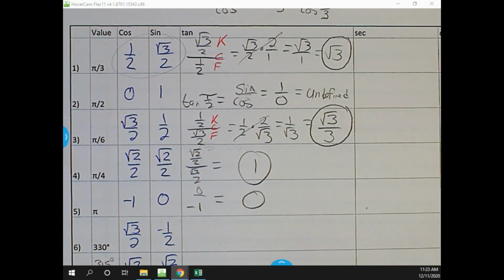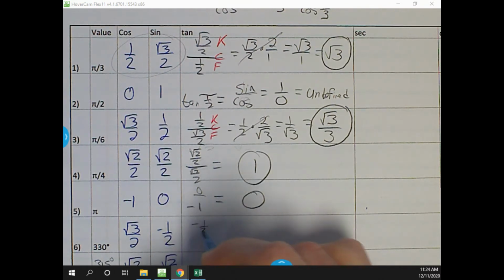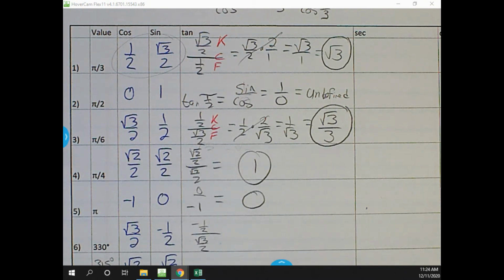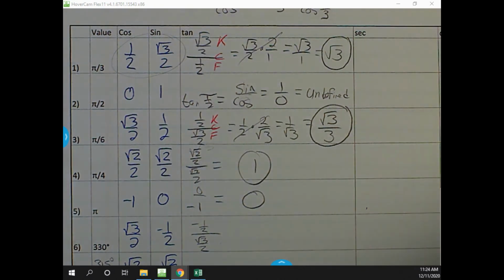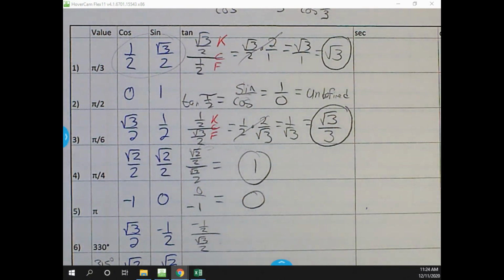Okay, now here's where life gets really good. You know, as good as it can get in math class. When you get ready to do number 6, we're going to do sine over cosine. It's -1/2 over square root of 3 over 2. But here's what we want you to catch and see. Once we do this one, hopefully that's where the little bells are going off in your head, and you're going, wait a minute.